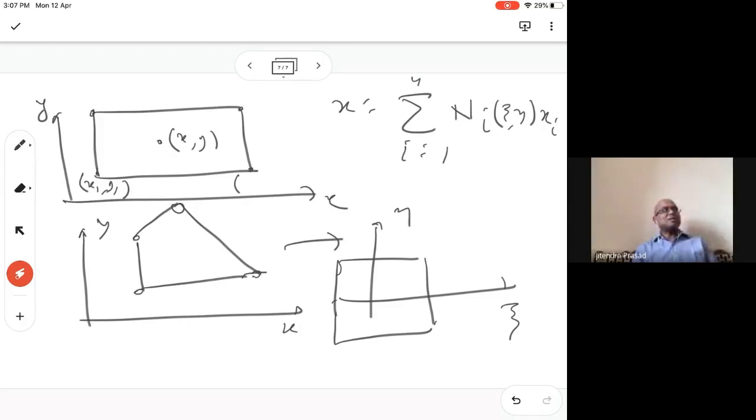So what I can do is quickly go through this one. Most of the things are already done. For chapter 9, the same kind of elements will come, triangular and quadrilateral. Only the problem is different. So I will try to finish it fast.